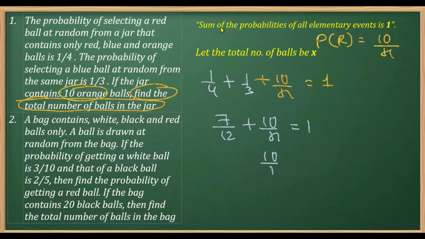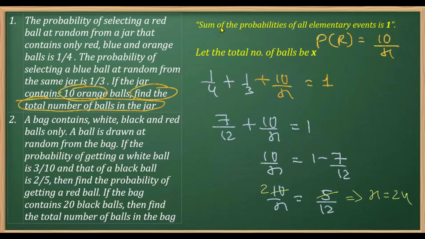So 10 over x is equal to 1 minus 7 over 12, so 10 over x is equal to 12 minus 7, that is 5 over 12. This can be reduced, 5 1 times, 5 2 times. So by cross multiplication, x is 24. That should be the answer for this part.